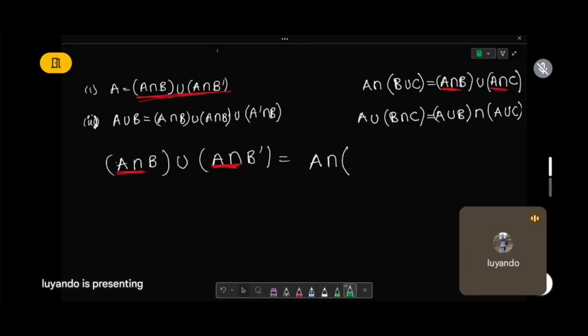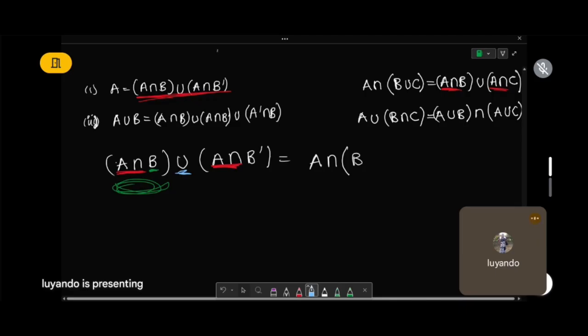Once you do that, you move on to the first bracket here. You get the first element, which is B, so you put your B here. The symbol in the middle is the union, so you put your union.